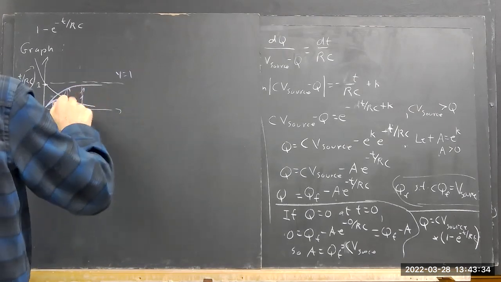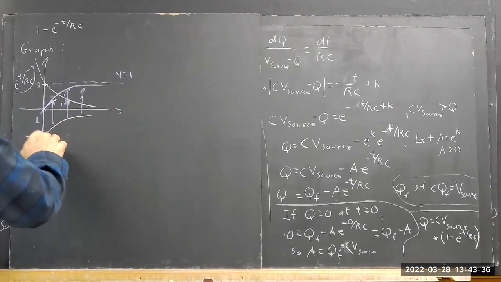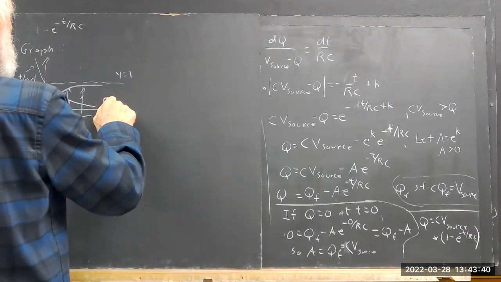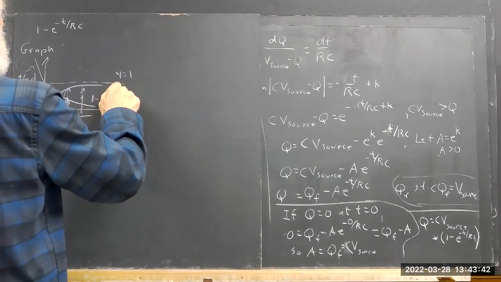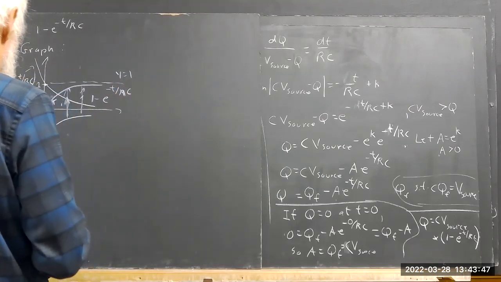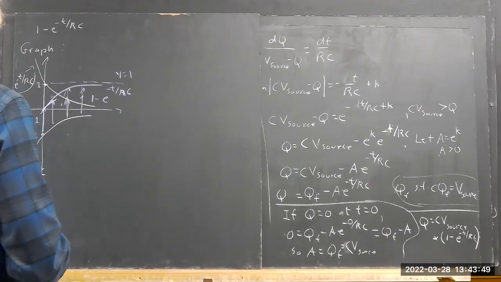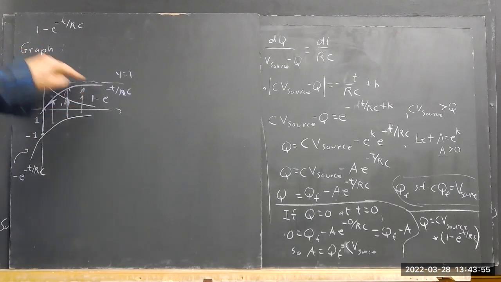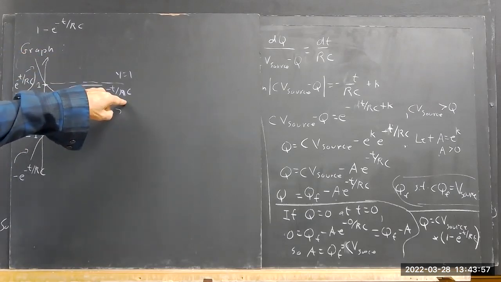So yeah, every point on this curve is 1 unit higher than this curve. It's badly drawn now, but there's your 1 minus e to the negative t over RC. And how quickly this thing approaches 0 depends on the reciprocal of RC.